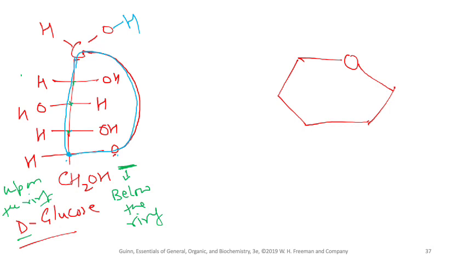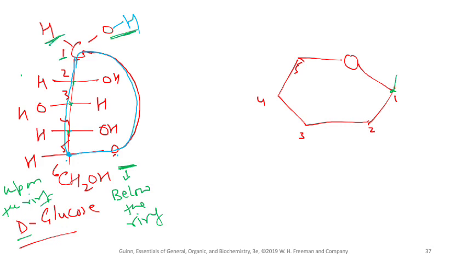And then we're going to put the groups on each carbon. So this is your carbon number 1, 2, 3, 4 and 5, right? So this is 1, this is 2, this is 3, this is 4, this is 5, this is 6. Let's do carbon number 1. How many groups are attached? On carbon number 1 you have OH and hydrogen.